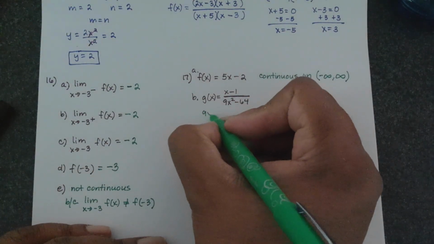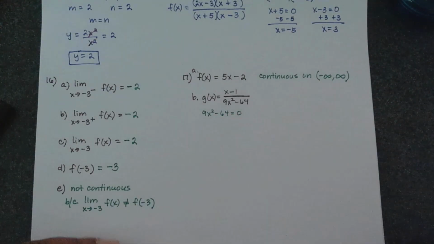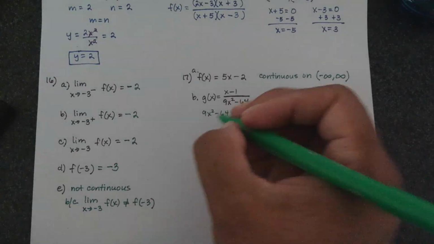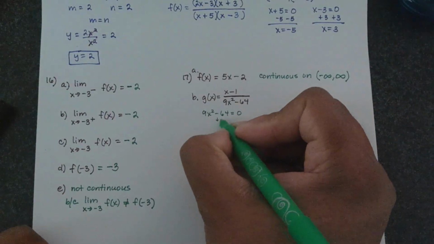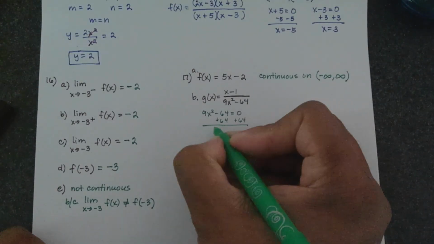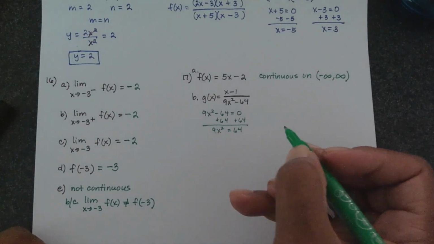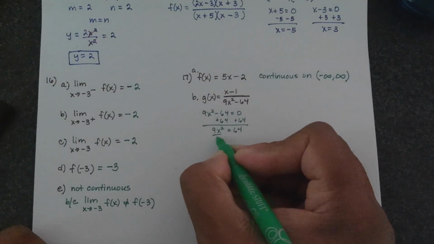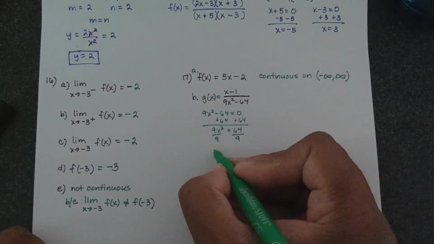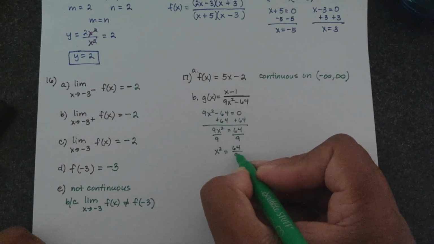So we'll take that 9x squared minus 64 and set that equal to 0. And what I'm going to do here is solve this equation for x. So if I add 64 to both sides, that would mean 9x squared is equal to 64. And then divide both sides by 9. You'll get x squared is equal to 64 over 9.